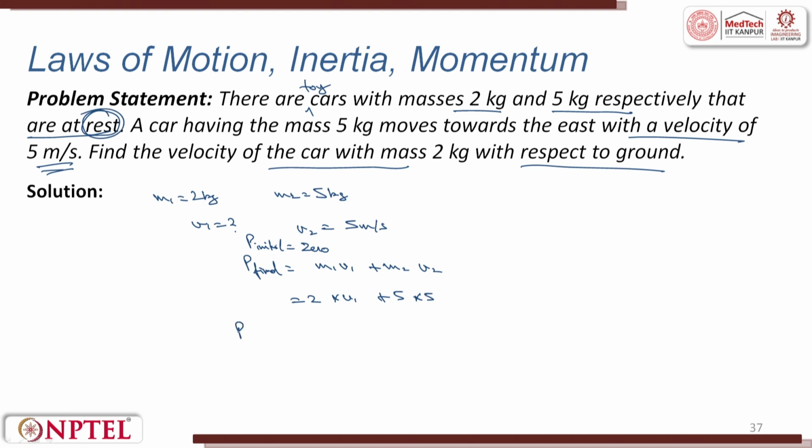Initial momentum is equal to final momentum, law of conservation of momentum once again. Therefore, 0 is equal to 2 kg into V1 plus 25 kg meters per second. This gives me the value of V1 as 12.5 meters per second.